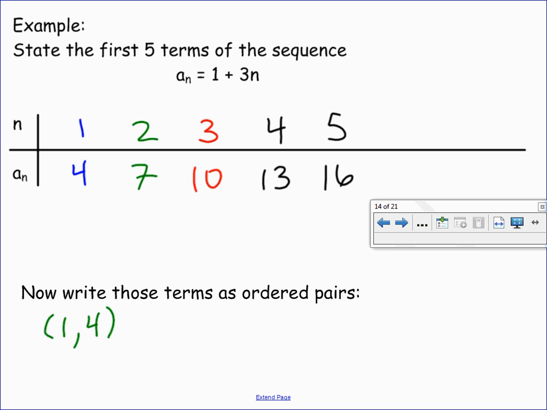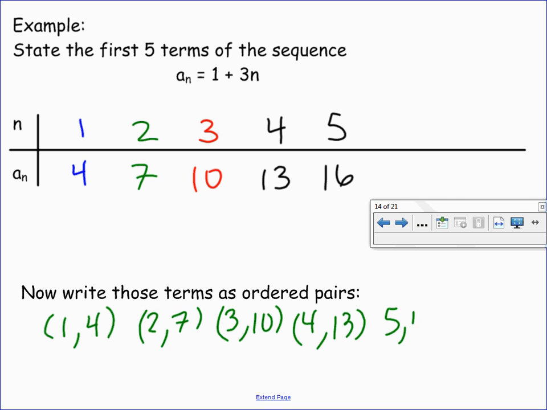So (1, 4), (2, 7), (3, 10), (4, 13), (5, 16). If we were following good math manners, we would go ahead and let the reader know that there's a set of ordered pairs and separate those by commas to show the list.